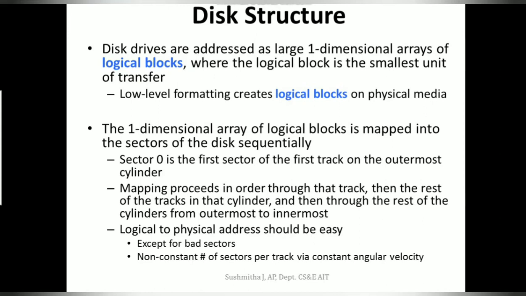Now a question could be raised: how is this one-dimensional array of logical blocks mapped to the sectors of the disk sequentially? Here, block 0 is the first sector of the first track of the outermost cylinder, and the mapping proceeds in order through the tracks, from the outermost to the innermost.